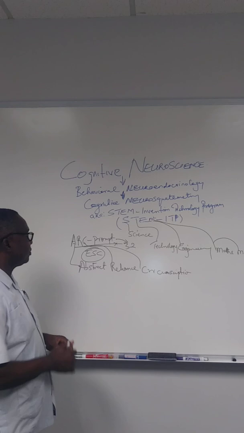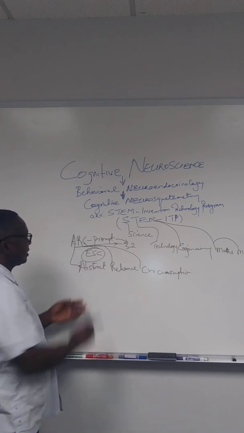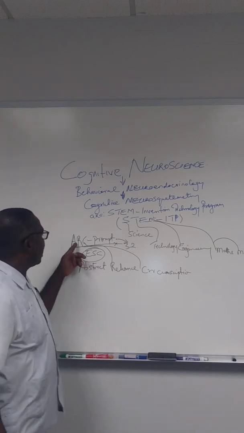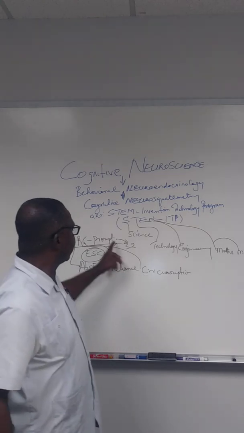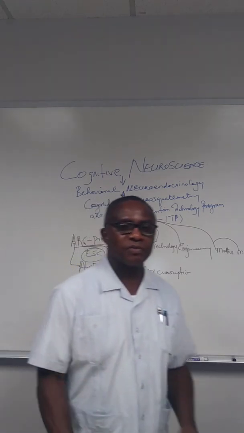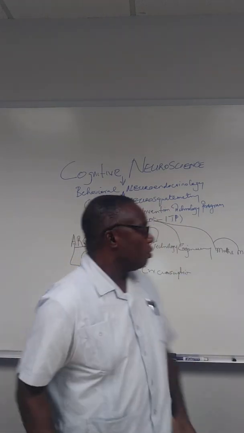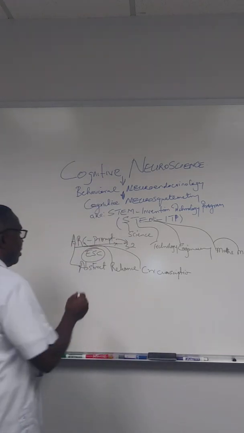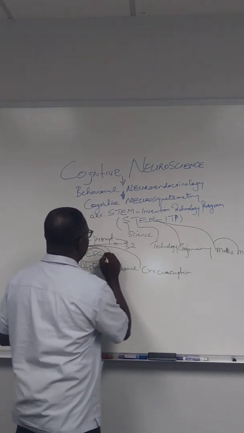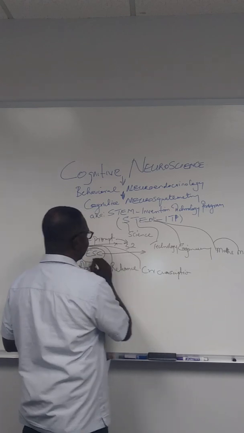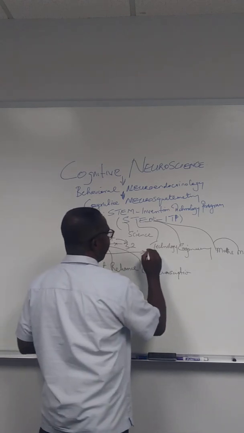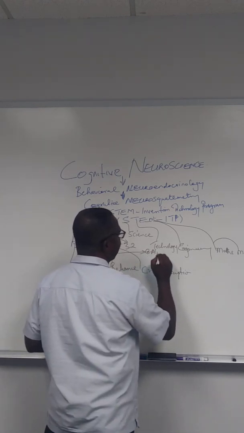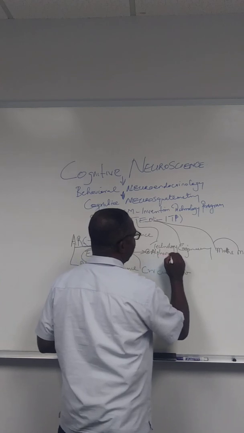So ARC prompt: A here means abstract, R here means reliance, and C means circumscription. One of the ARC prompts that we use is escape and alphanumeric.